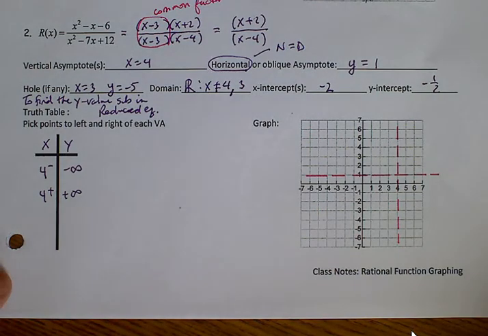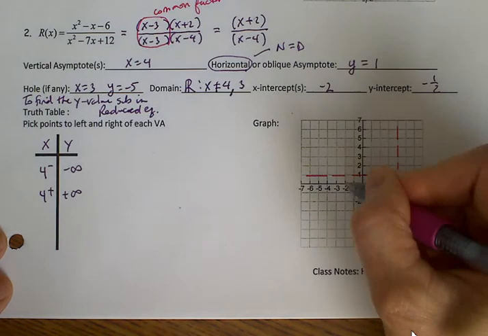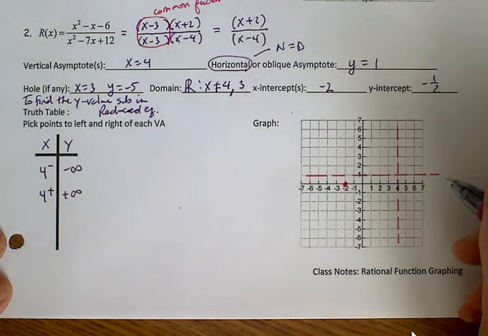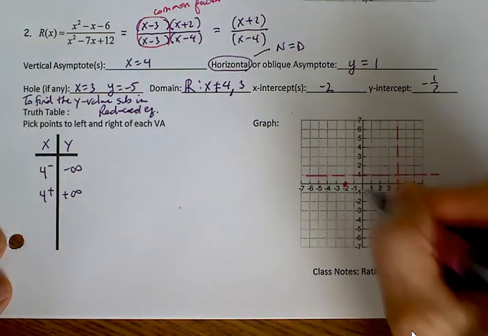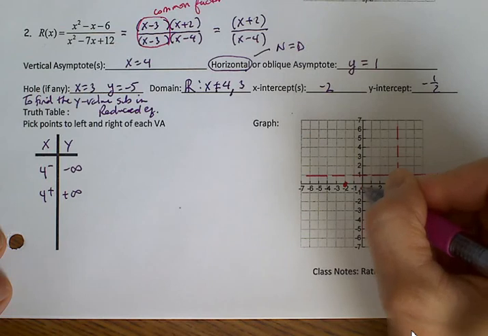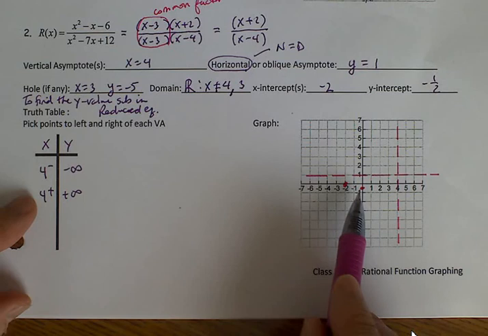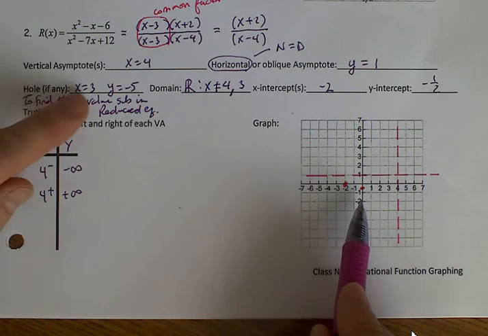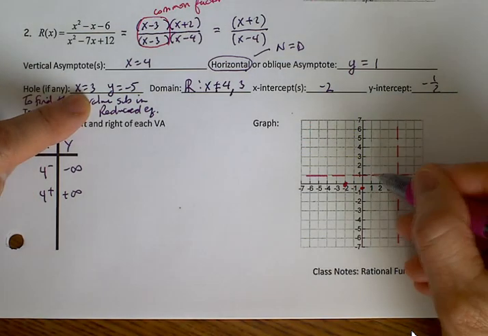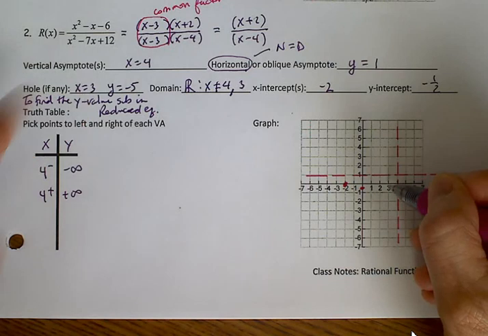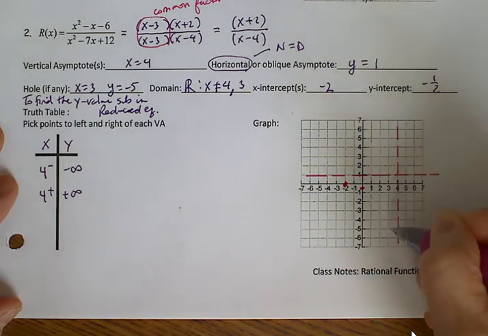And then I'll put in my x-intercept of a negative 2. So that's going to be here. And then my y-intercept of a negative 1/2, which will be right here. I also need to put in my hole. So at 3, 1, 2, 3, there's a hole at a negative 5. So that'll be right here.